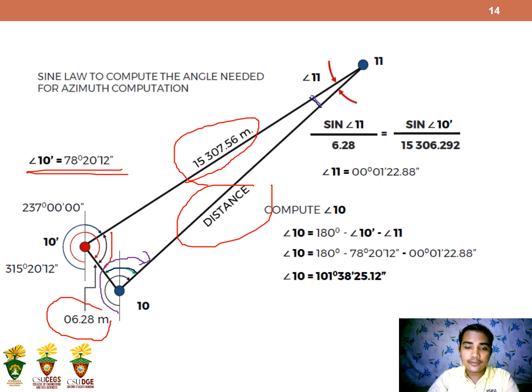Out from that, we can get the value of angle 11 to be 0 degrees 01 minute 22.88 seconds.